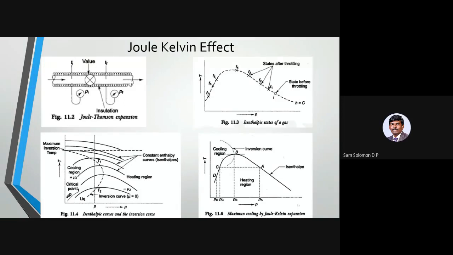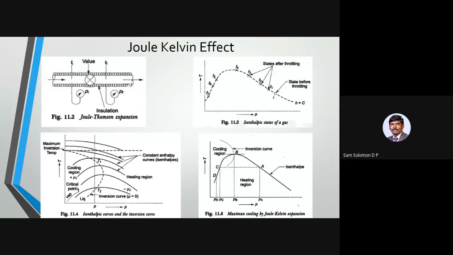I am just drawing a curve where enthalpy remains constant at different pressures and temperatures. The pressures and temperatures are varied, but the enthalpy remains constant. We are not talking about a process, we are talking about the points where the enthalpy remains the same.